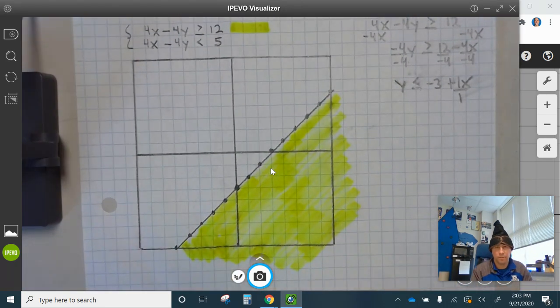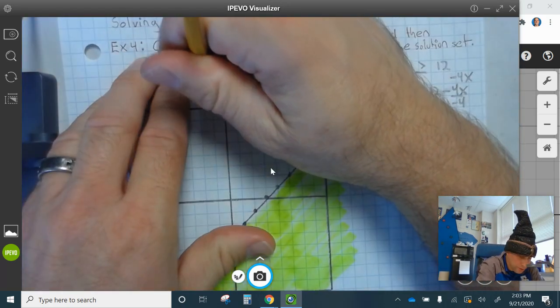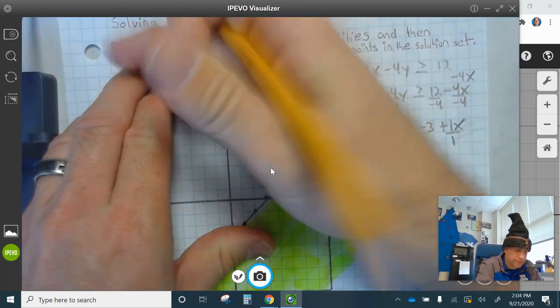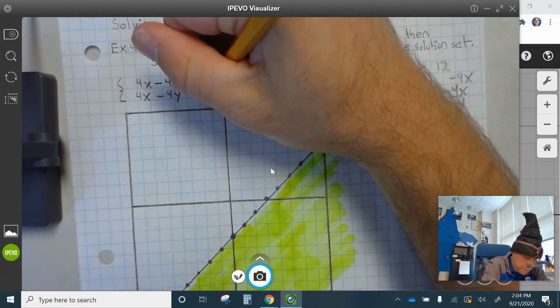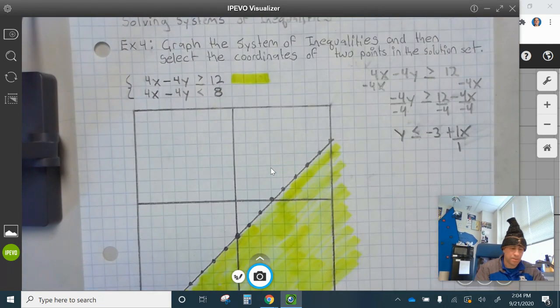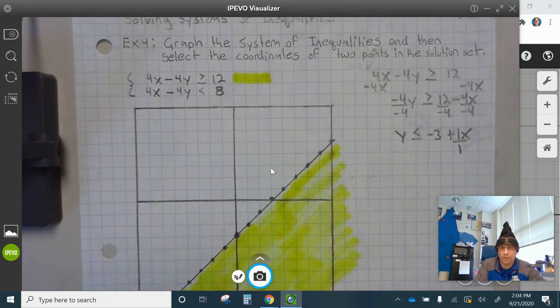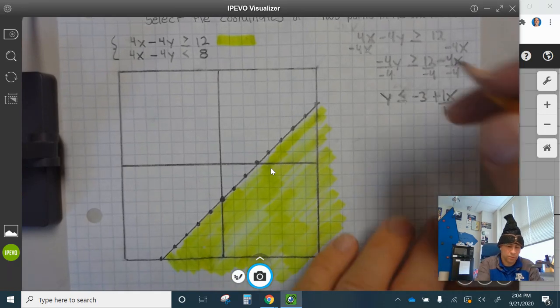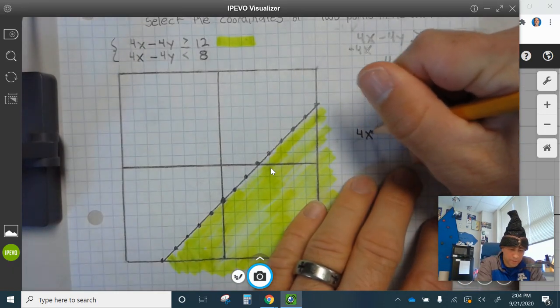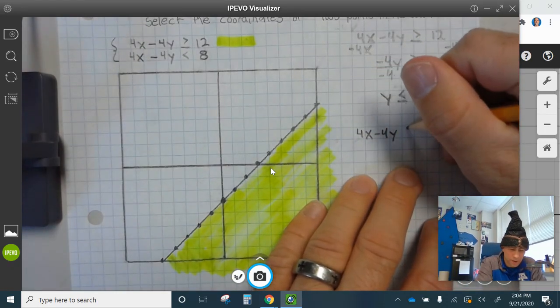Okay. Now I'm going to change this problem a little bit. I'm going to change that 5 to an 8. Okay. So we have 4x minus 4y less than 8.